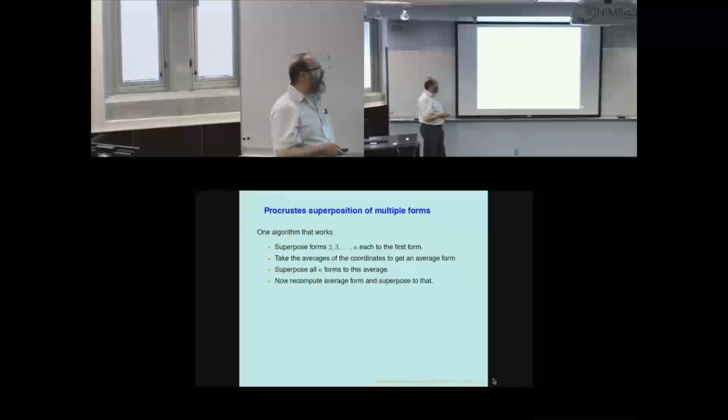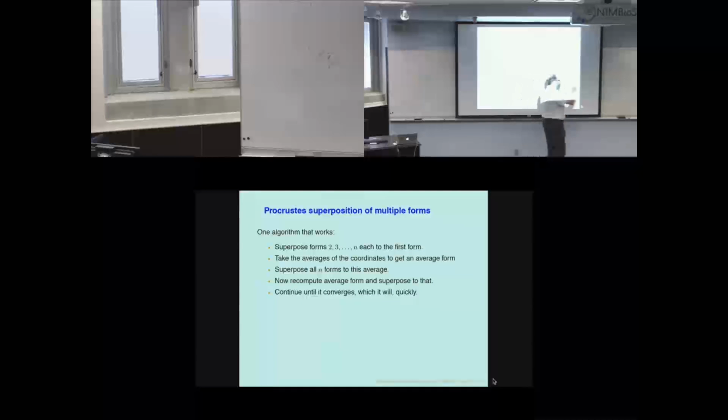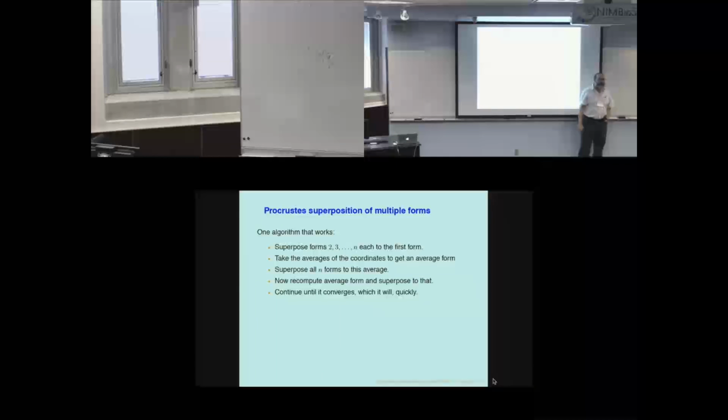Then average again, and then go back and superpose everybody to the new average, and you keep going. This converges very rapidly. In about 3-4 cycles, you're down. You get it down to 8 decimal places or something. It goes really quickly, and it's fine. It's a fine way of superposing. It uses this least squares method.